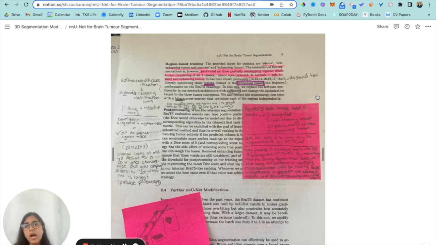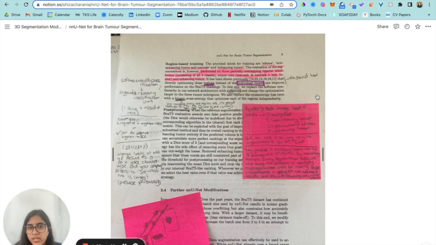Now, the task, however, is to come up with segmentations for the enhanced tumor, the tumor core, and the whole tumor. And in order to do that, because these 3 classes have a combination of the labels, right? If you look at the whole tumor, it has a combination of all 3 classes, all of edema, non-enhancing, and necrosis, which is what it's called.